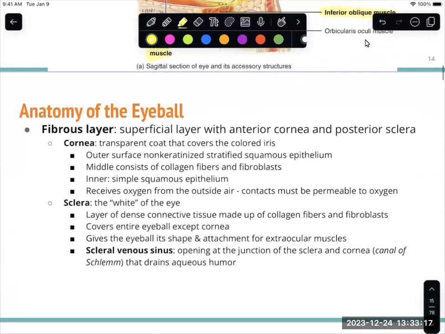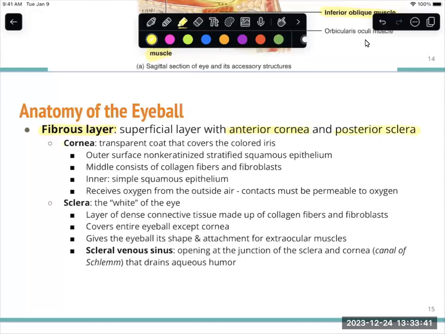So let's look into the actual eyeball. Our eyeball has a very superficial layer that has the cornea in the front and the sclera in the posterior.